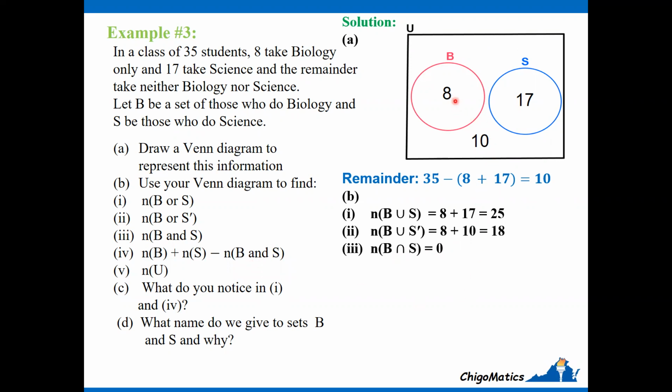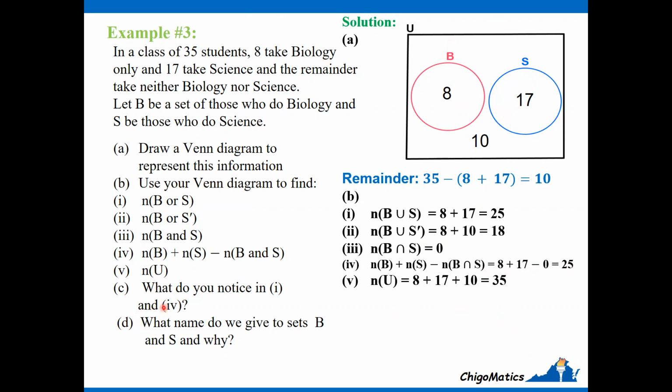So we add this and this, then those who do both is 0. So it will be 8 plus 17 minus 0, then it gives me 25. Then when it comes to number 5, it was a question of checking that the number of elements in the universal set add up to 35. Yes, they do. If you add this one plus this one plus this one, you get 35.